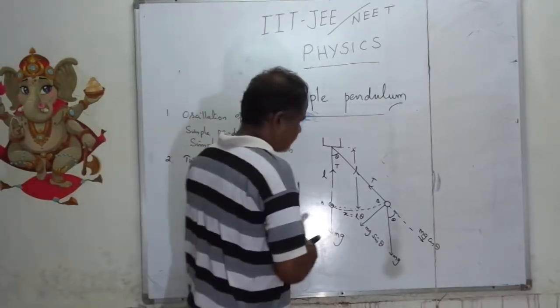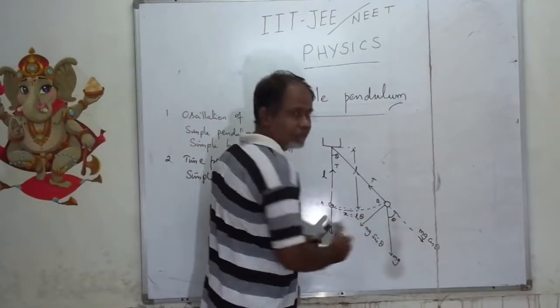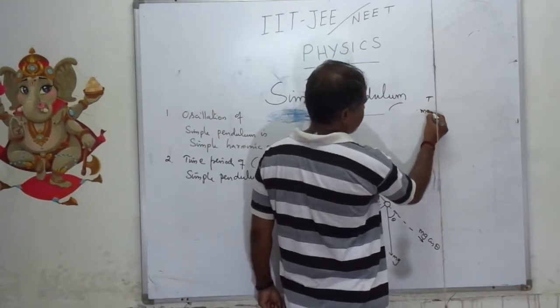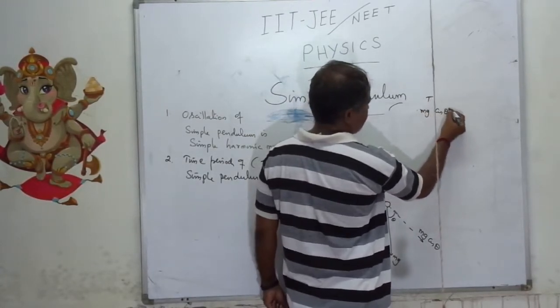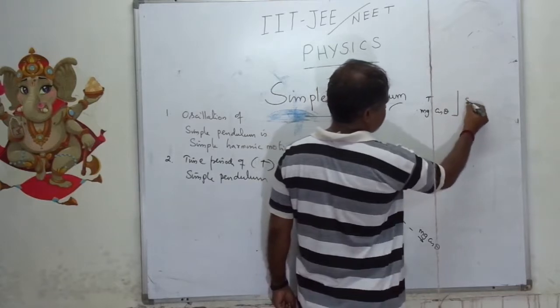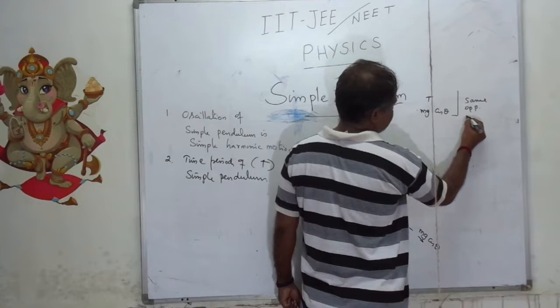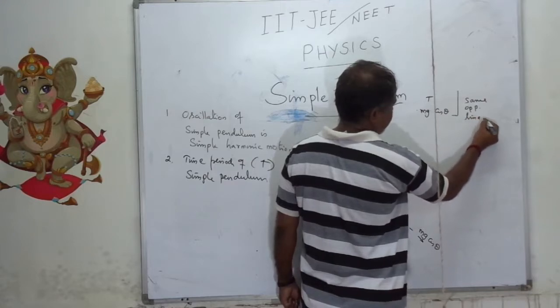Just repeat. T and mg cos theta have the same magnitude, opposite direction, same line of action.